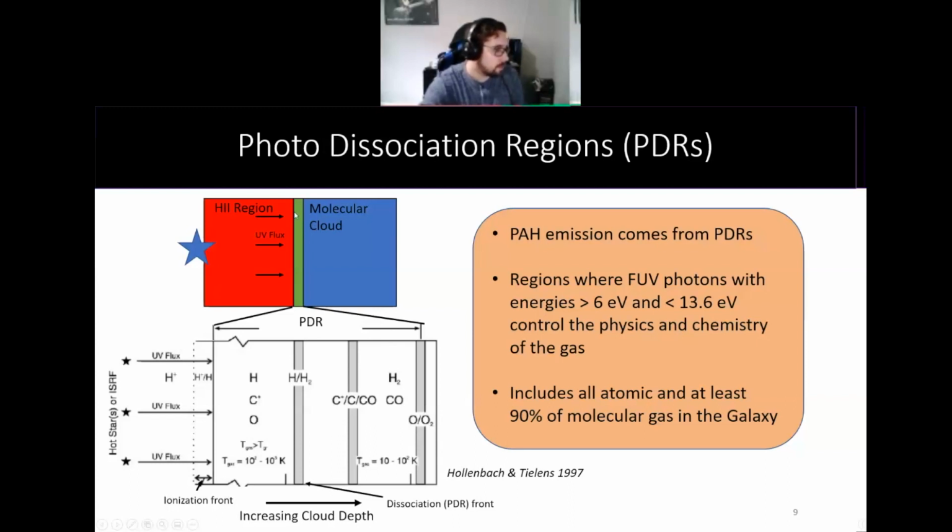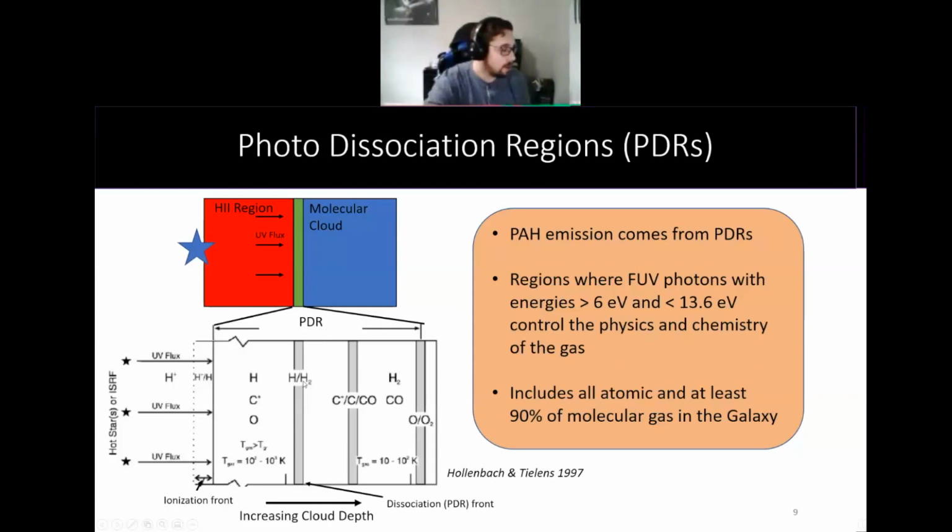a molecular cloud, of which the PDR is the thin inner layer that gets irradiated by this UV flux. And you can break this into multiple domains with increasing cloud depth. So the PDR is defined beginning at the ionization front, where you have a transition from ionized hydrogen to atomic hydrogen.